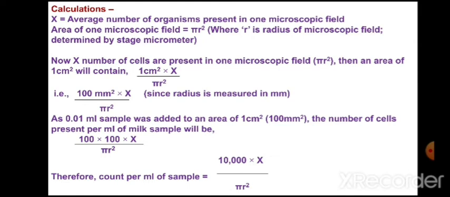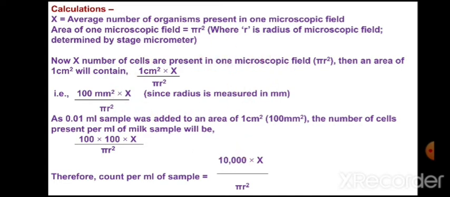Then the next step, a very important step, is calculation. This is the most important part of the practical. Here there is a formula that we are going to use, and that formula is written at the bottom. This is the formula: 10,000 times x divided by pi r squared. Now, instead of simply remembering this formula, we'll try to understand how it is derived.